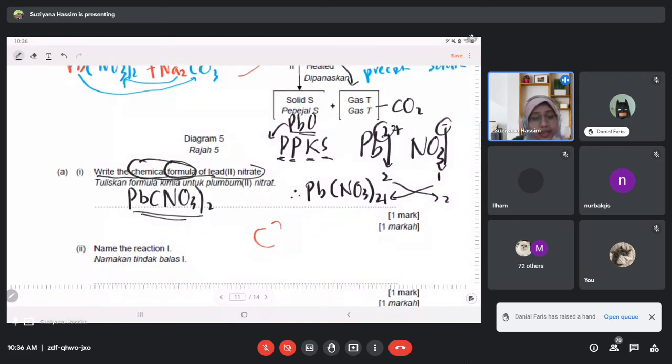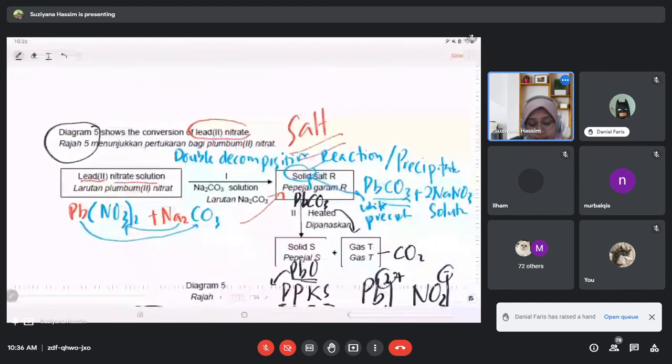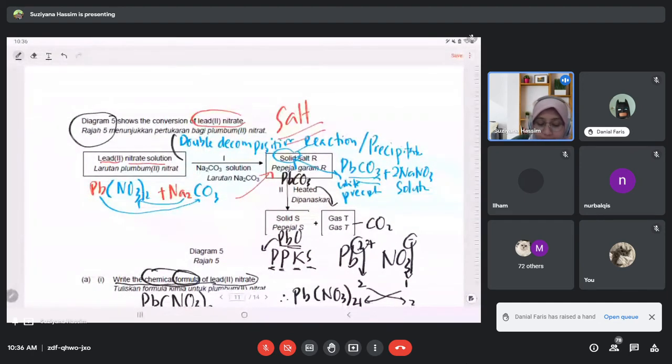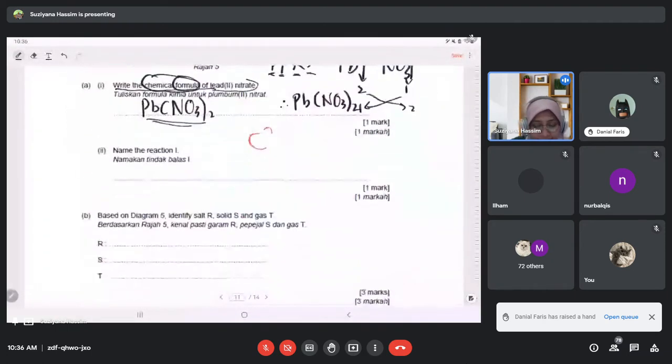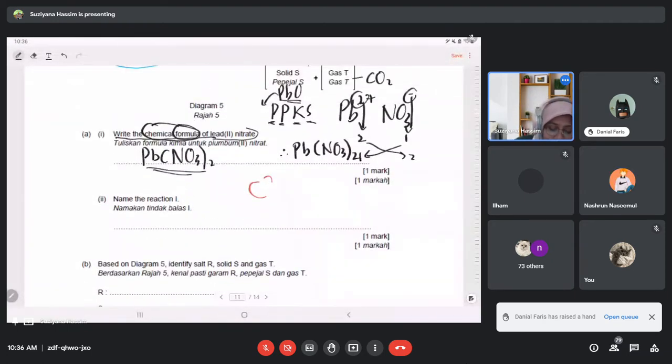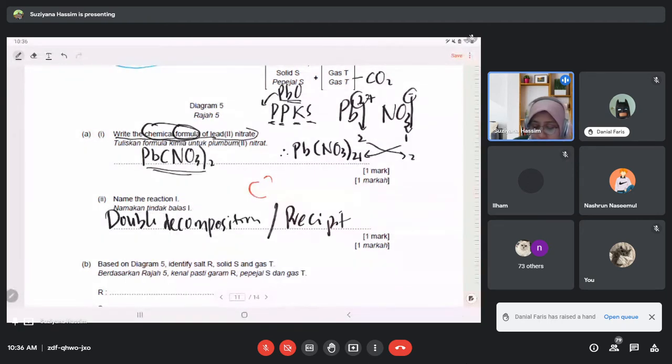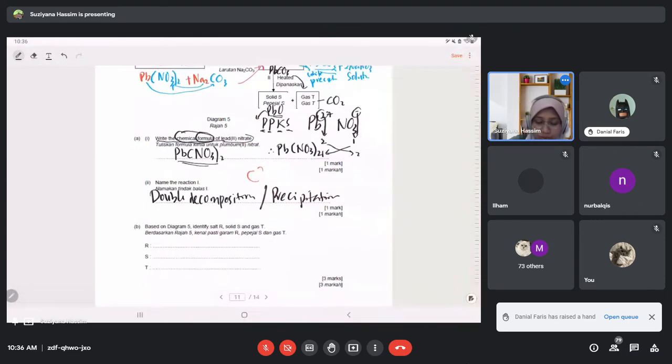Double decomposition reaction, or we can say precipitation. Double decomposition, or we call it precipitation.